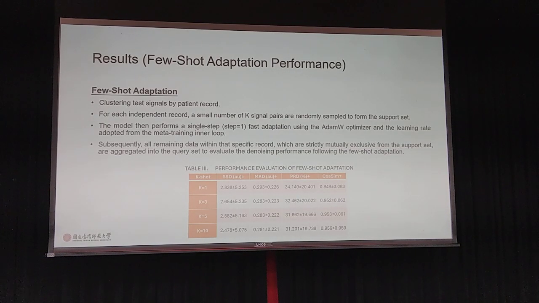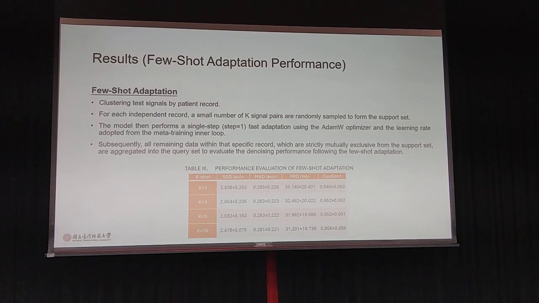Finally, we present the few-shot adaptation test. Operating on a per patient record basis, we extract a minimum number of K heartbeat segments to form the support set for single step adaptation. The remaining mutually exclusive segments from the same patient are used as the query set for evaluation.